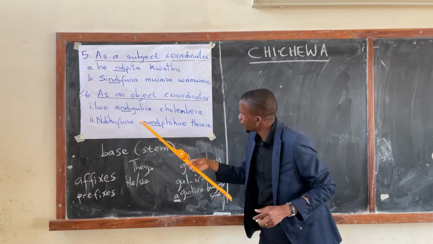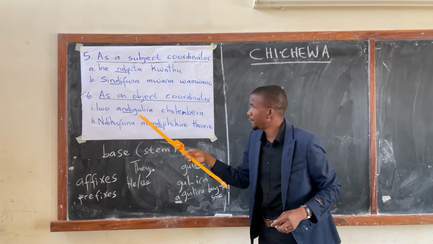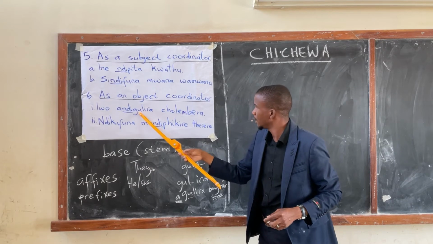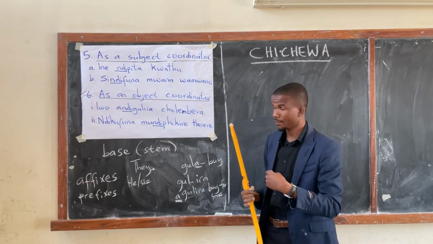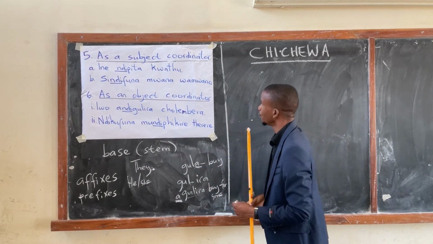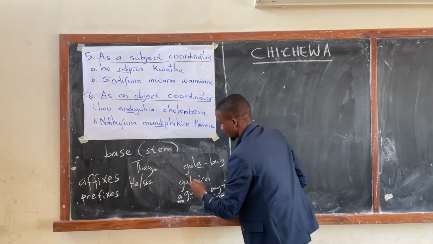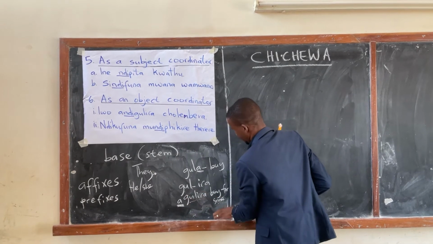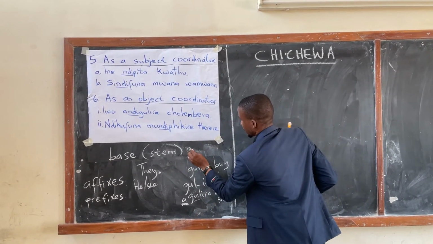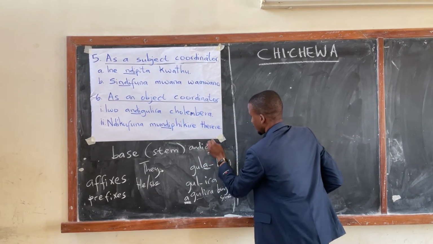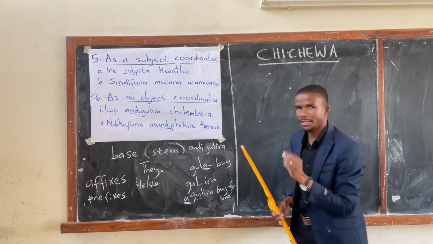Now, to show that the one who has benefited from this action of buying the pen is me, you put ndi here. So it becomes andigulira.